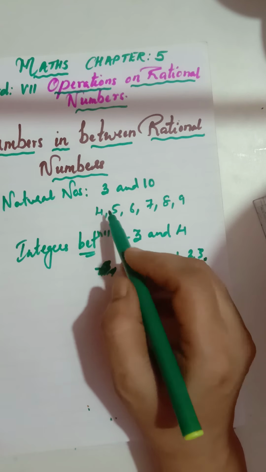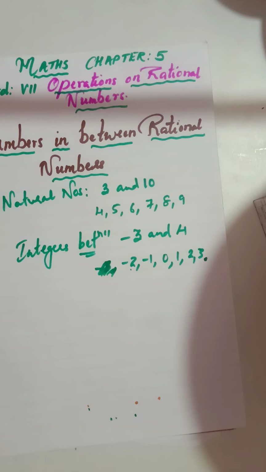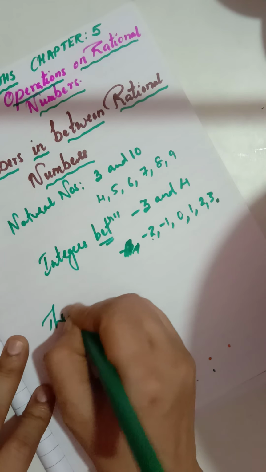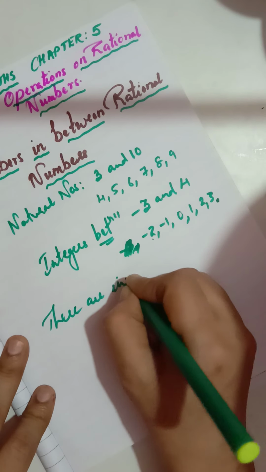In between numbers means, you have to keep in mind that in between two rational numbers there are innumerable numbers.